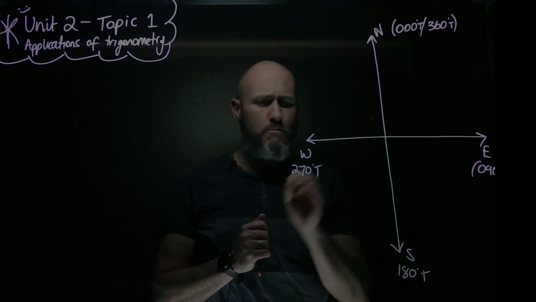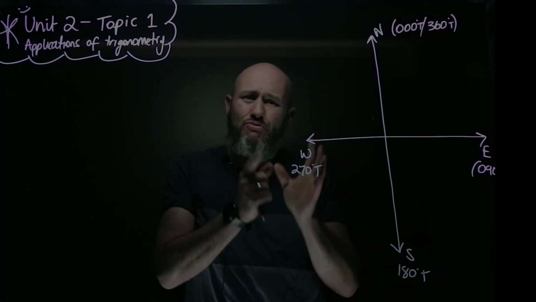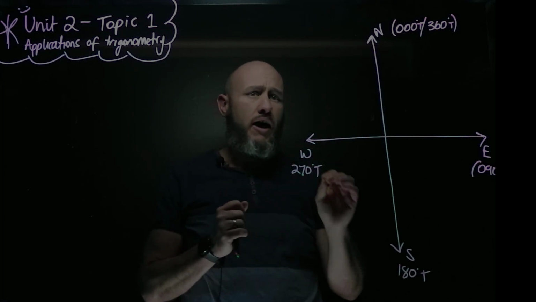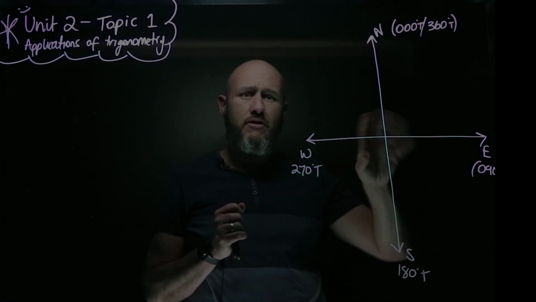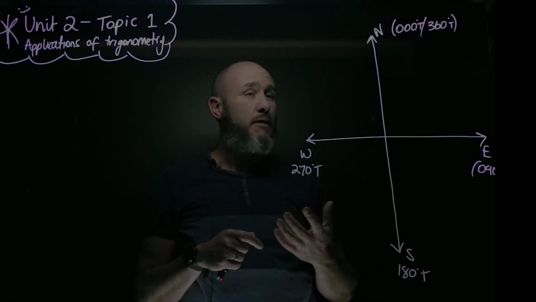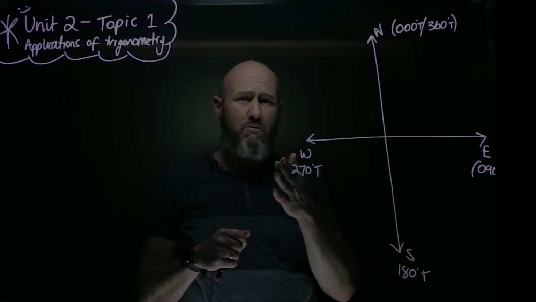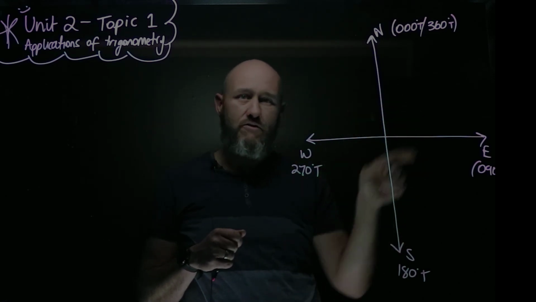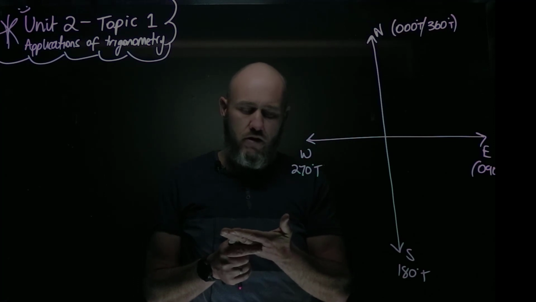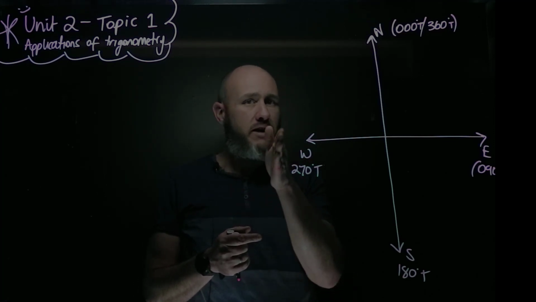And in our true bearings we put a little T after it because we're representing a three-figure bearing as a true bearing. Whilst the bearing is measured as a direction, we calculate bearings using a compass by measuring our bearing to the North Pole. So that's why it's always measured from north. When we do that, we're using a compass to measure the angle to a magnetic source.